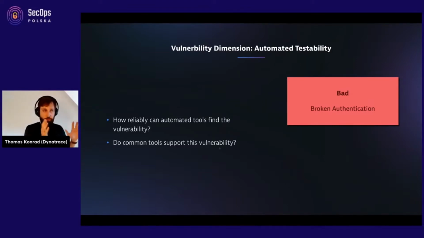It could be username and password with, I don't know, a wrong password or a bad password policy. It could be brute force attacks. You can do dictionary attacks. It could be your OpenID Connect integration wrong because you don't do signature checks, or you can repeat authorization codes. Hundreds of things that can go wrong with broken authentication. So the automated testability is really bad. There's no reliable way to throw source code at a tool that does authentication that reliably tells you all of those problems. It's just impossible. It's just so broad.